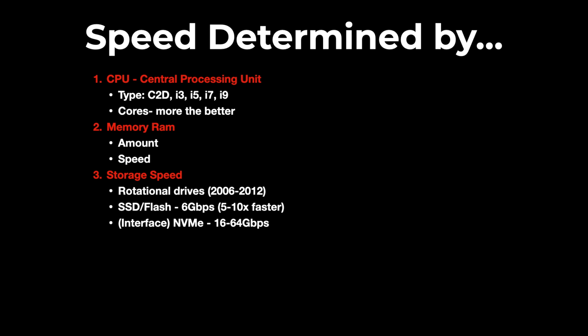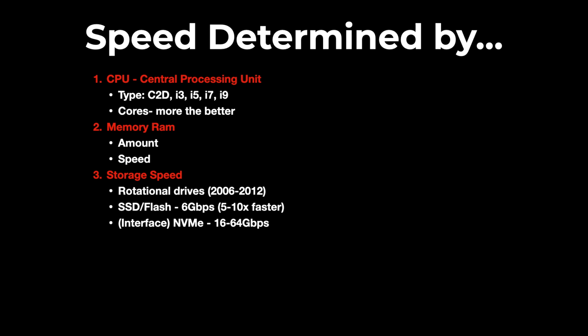How fast is your hard drive? If you have an old computer, say from 2006 to 2012, most likely you might have a rotational drive, and those drives are really slow, and you can put a new SSD drive in there and it will operate 5 to 10 times faster.